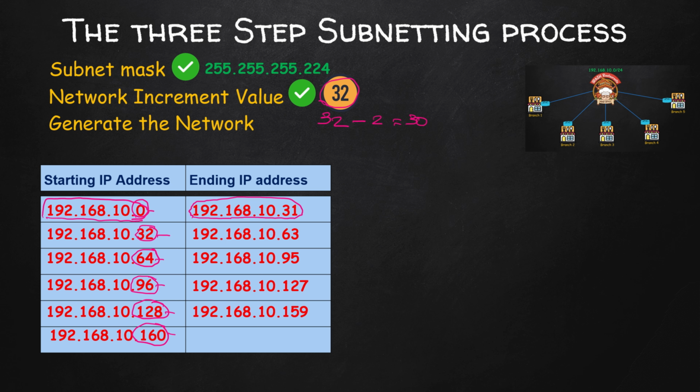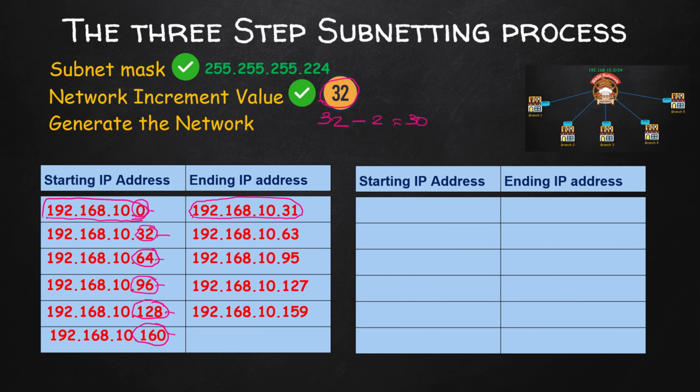So what are the IP addresses you can use in your network? Let me create another table for that, which contains a starting IP address and ending IP address. And the first network is 192.168.10.1 because we eliminated the network ID, which is 192.168.10.0.